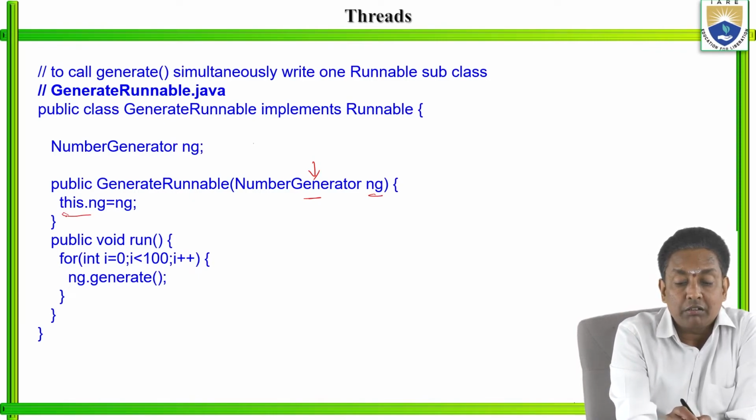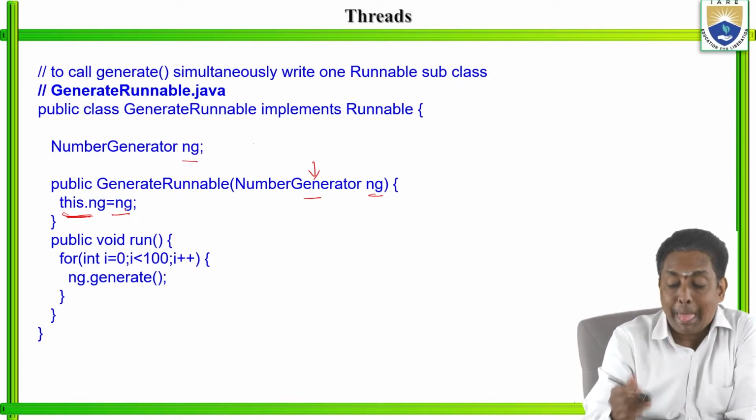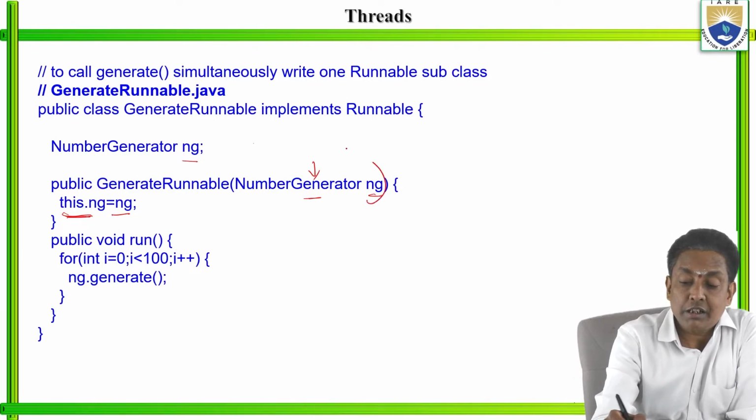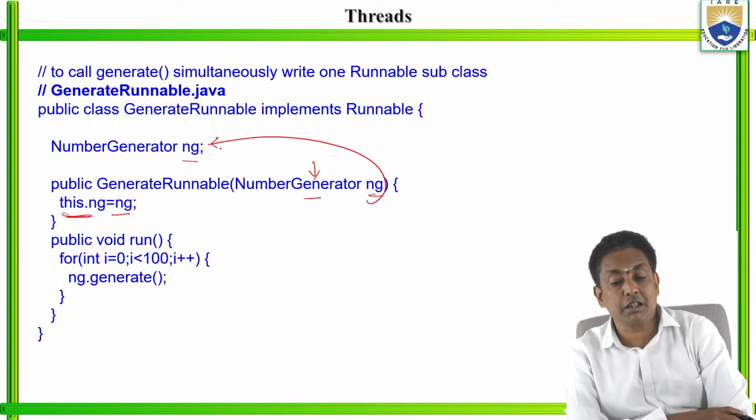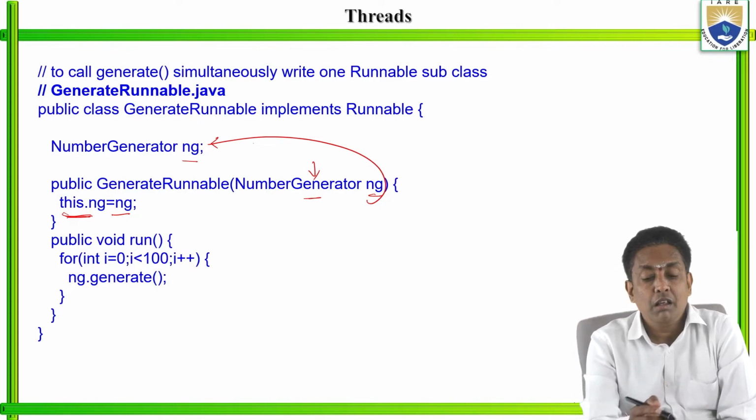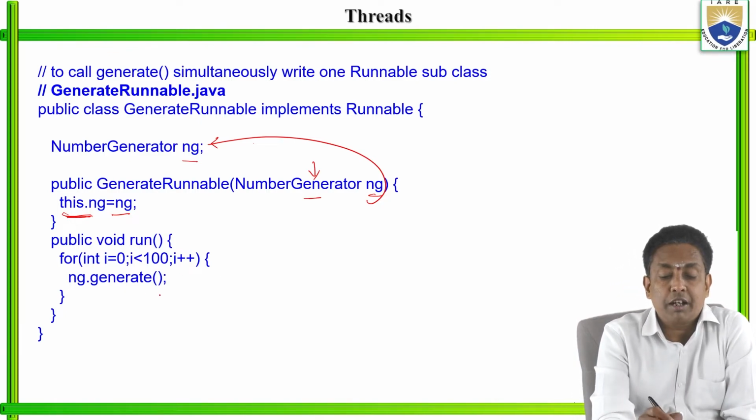With this dot, we are differentiating the class instance variable and the constructor parameter. This number generator object is assigned to the class number generator object. And in the run method, we are iterating a for loop and calling the generate method 100 times.